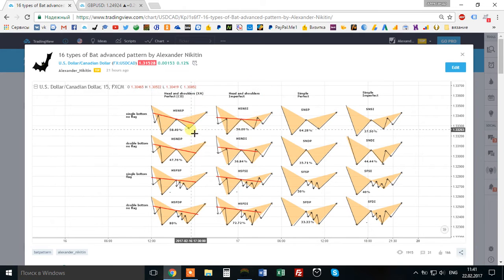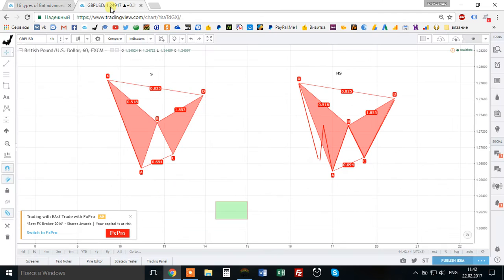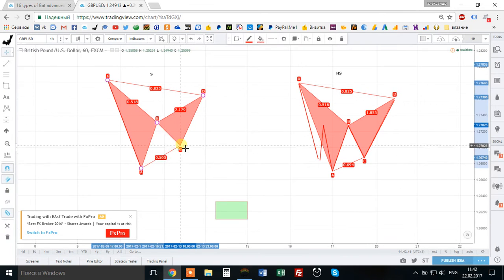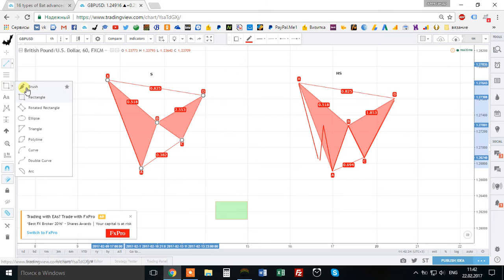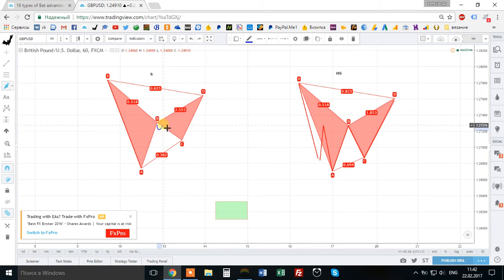Okay, what is the next criteria about those patterns? Then what I'm looking at is flag or no flag. This means about this A, B, C, D pattern: do we have a flag here, or we don't have any flag here. So the flag looks this way. Boom. Yes.